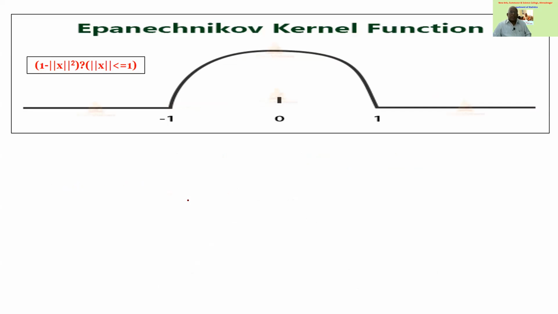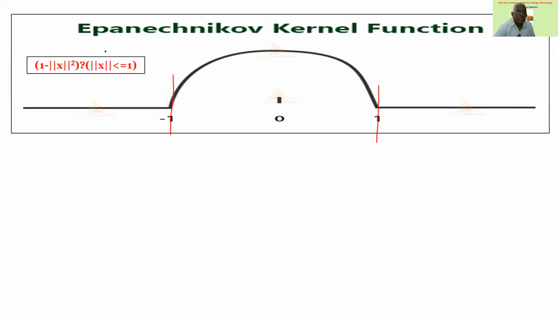See, this is another kind of kernel, the Epanechnikov kernel, which is 1 minus the norm of x squared, where the norm of x is less than or equal to 1. In this region, the absolute value of x, the norm of x, is less than or equal to 1.